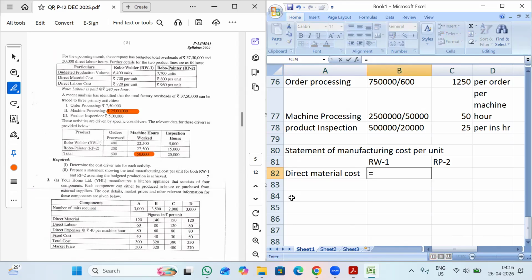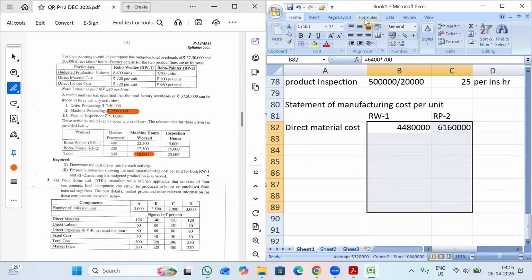So that is 6,400 units into 700 per unit. So I am calculating the total manufacturing cost first. After that, I will be converting into per unit. So I will be getting 44 lakh 80,000. Here for RP2, it is 7,700 units at the rate of 800 per unit. Material cost is 800 per unit. So 61 lakh 60,000.